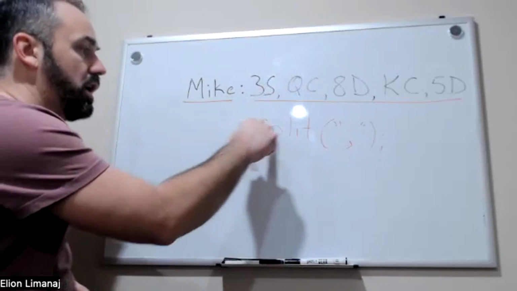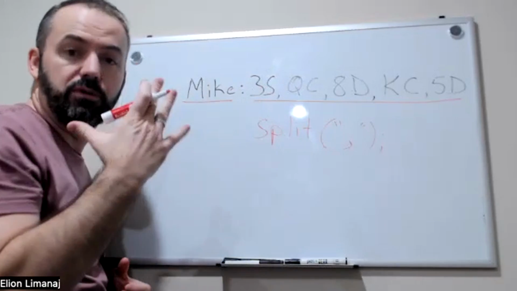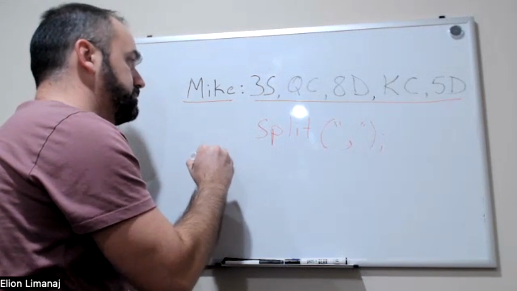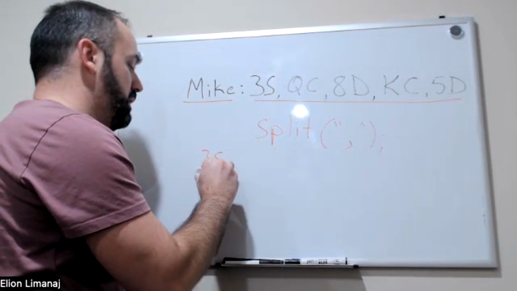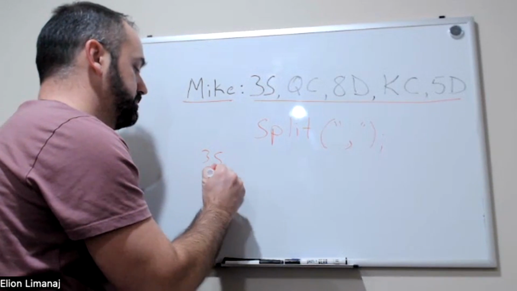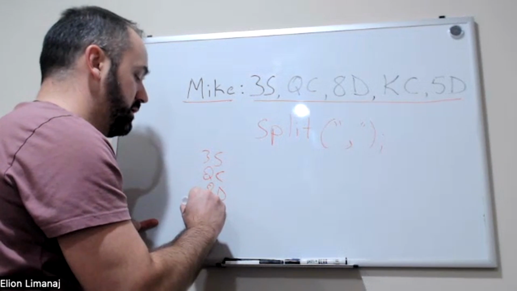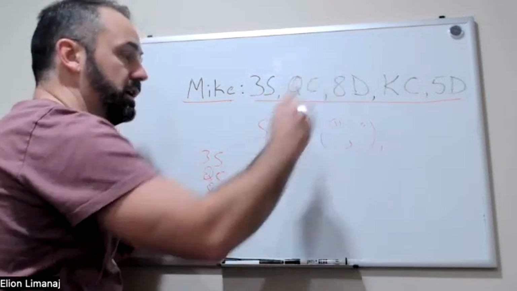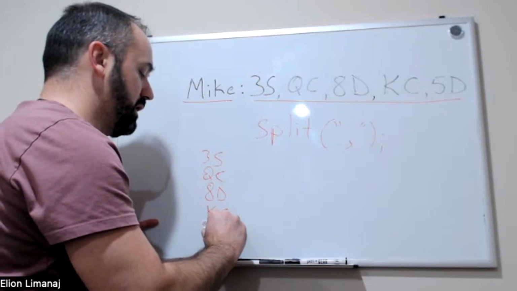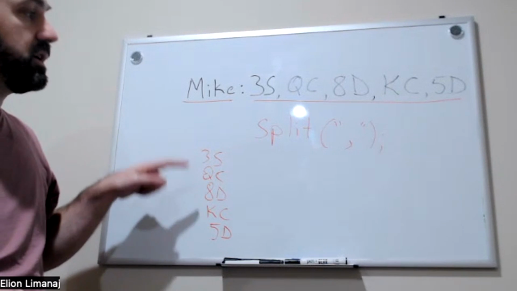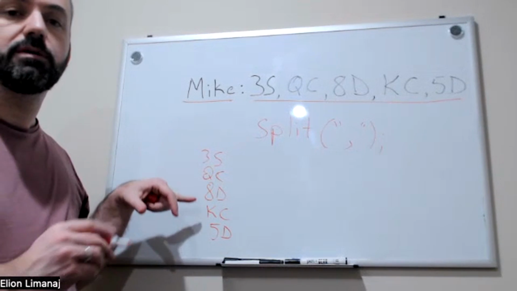So if I split with this one, I'm going to get 5 strings: 3S, queen of spades, queen of clubs, 8 of diamonds, king of clubs, and 5 of diamonds.